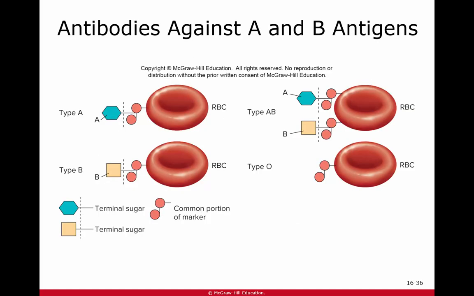And this is just a graphic showing the red blood cells and their shape. You can see that A has the A antigen, and B has the B antigen, and AB has A and B, and O doesn't have any on its red blood cells.